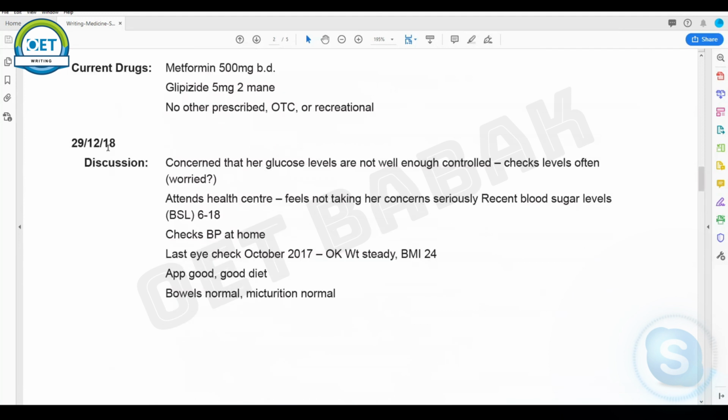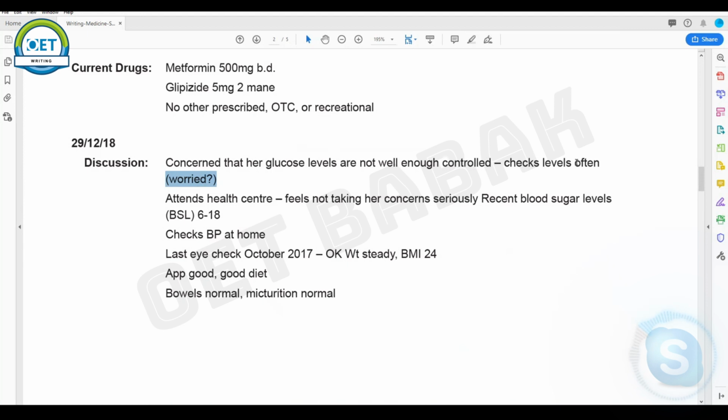Very interesting. She came in on 29th of December. Is that the usual time for people to go to the doctor? No, never. Maybe it could be an urgent complication, but otherwise no. That is because she's worried.